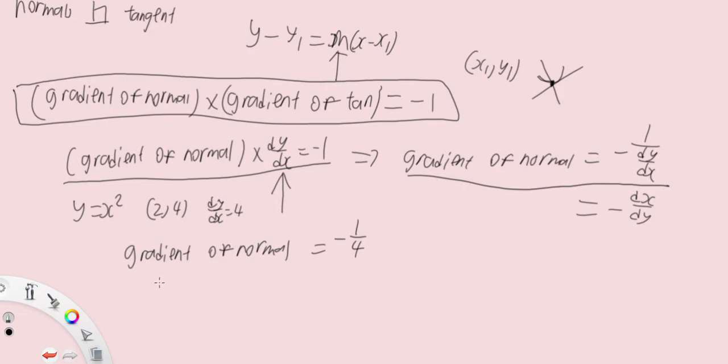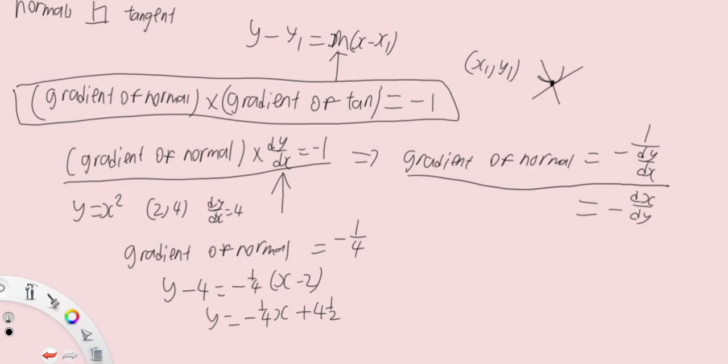And as such, applying the equation of the line, y minus 4 equals minus 1/4 times (x minus 2). We then have y equals minus 1/4 x, minus times minus equals plus, 2 times 1/4 is half. Then you add the 4 here, you will get 4.5.